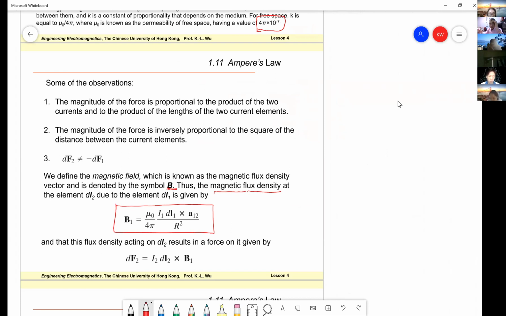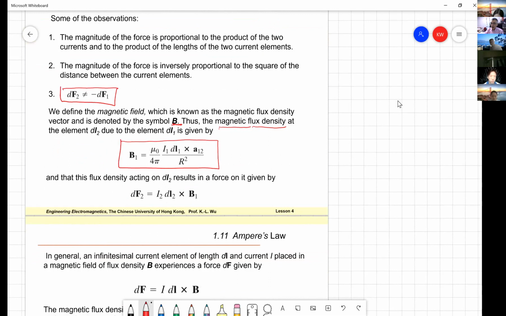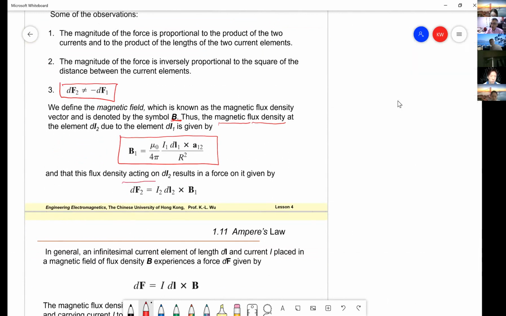According to that experiment, this is unlike Coulomb's law, where the dot product lets you change the order, but for a vector product we cannot do that. By introducing the magnetic field, we can express the force more concisely.